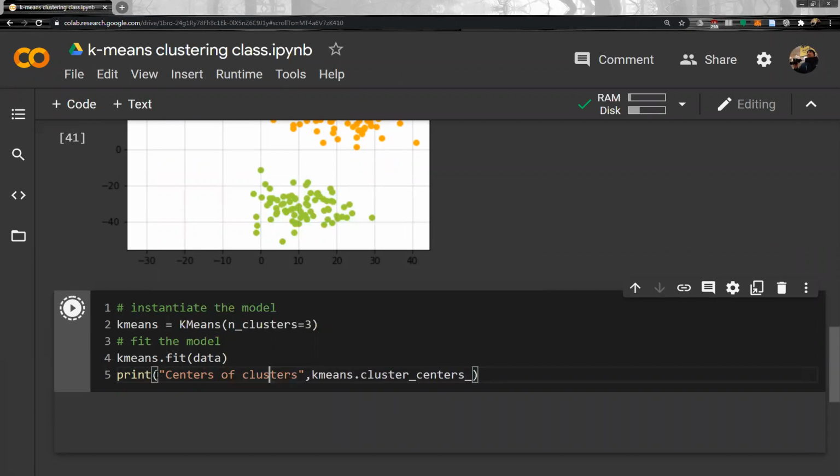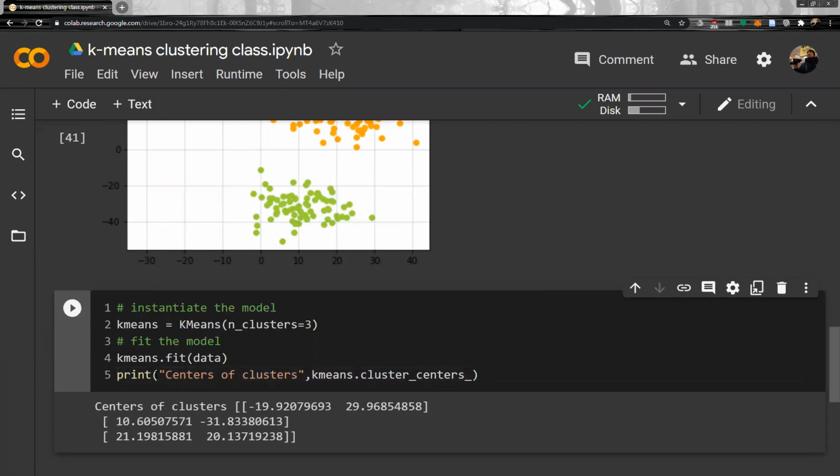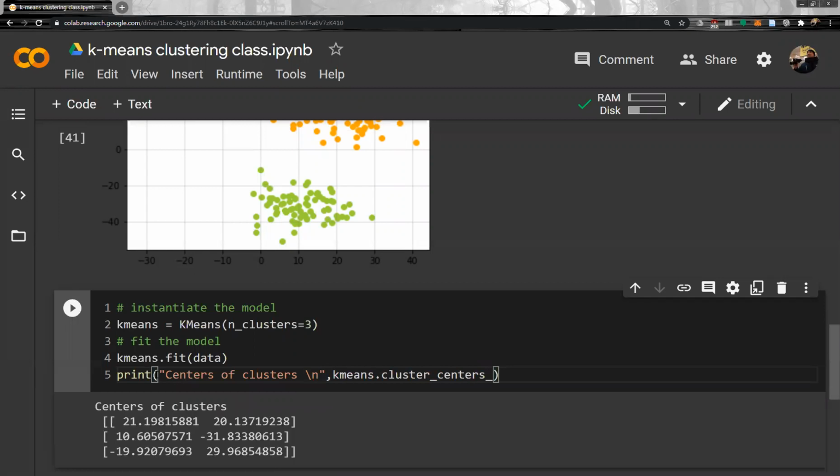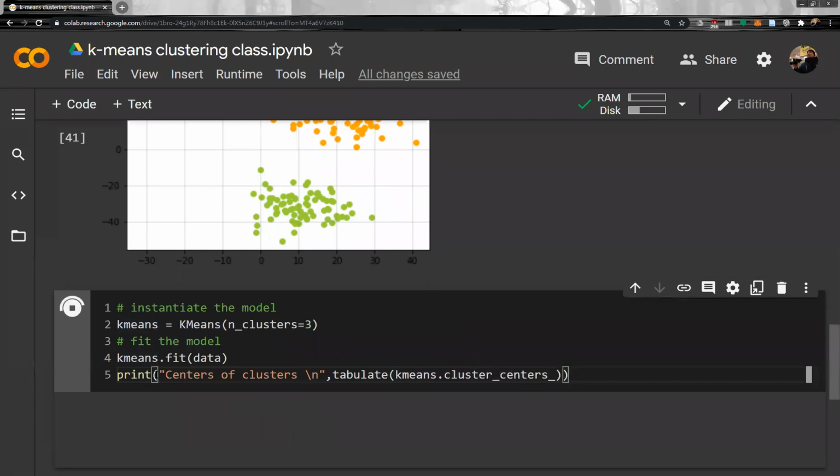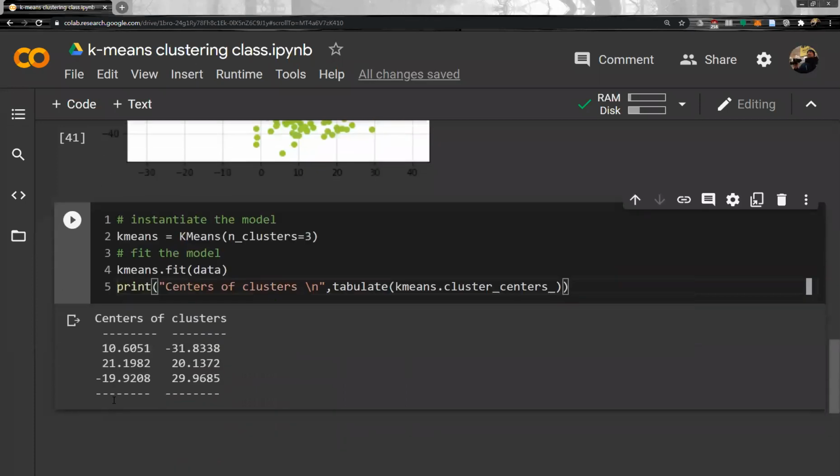Oops, centers of clusters. It is not pretty, so change line. So the center of clusters looks like this.